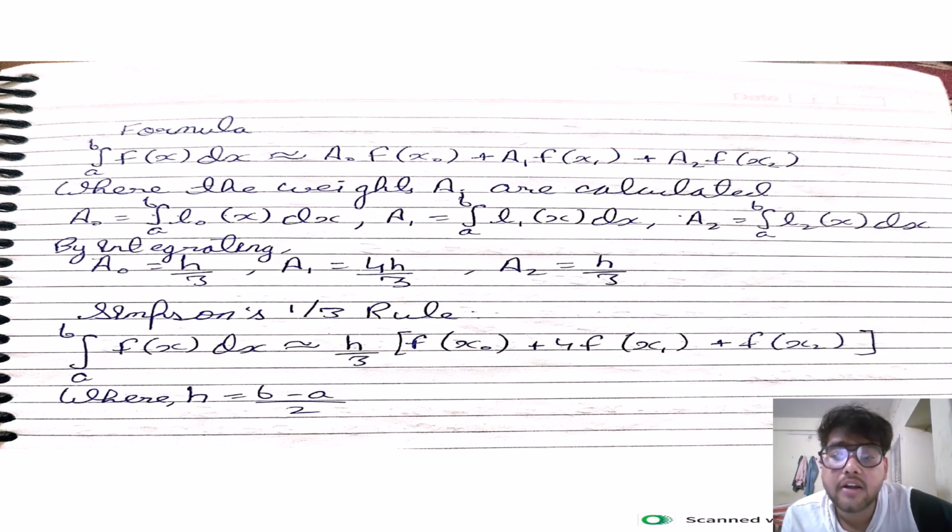So by integrating the weights a0, a1 and a2, we will get a0 is equal to h by 3, a1 is equal to 4h by 3 and a2 is equal to h by 3. So after substituting it into the formula, we will get the integral of f of x dx in the interval of a and b equals h by 3 times f of x0 plus 4 f of x1 plus f of x2, which is the Simpson's 1 by 3 rule.